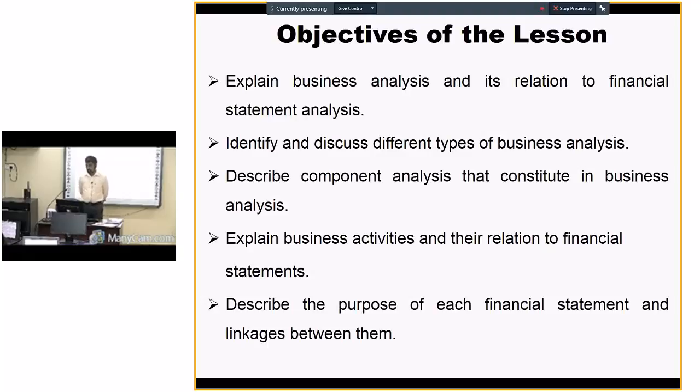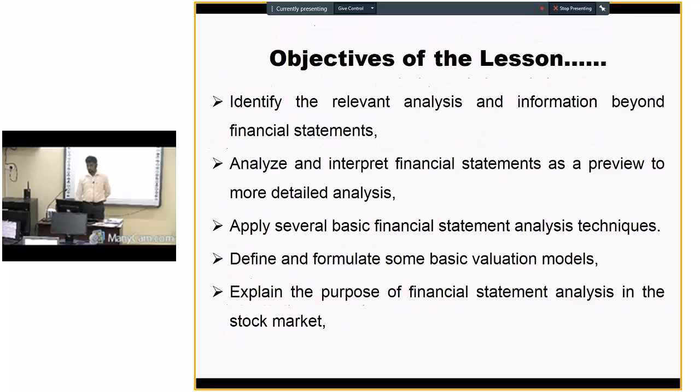Describe the purpose of each financial statement and the linkage between them, the relationship between different types of financial statements, and also identify the relevant analysis and information beyond financial statements, analyze and interpret financial statements as a preview to more detailed analysis, and apply several basic financial statement analysis techniques.